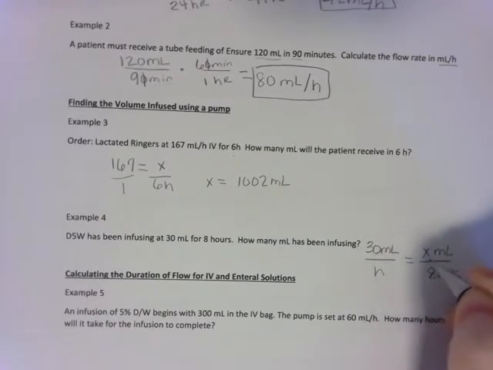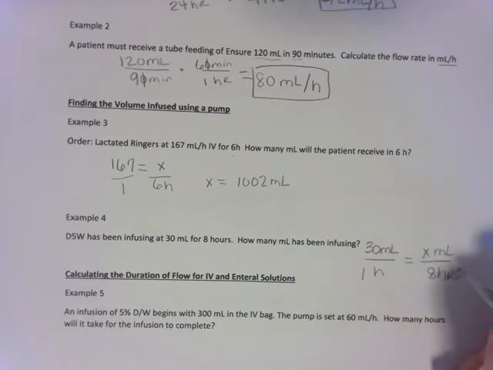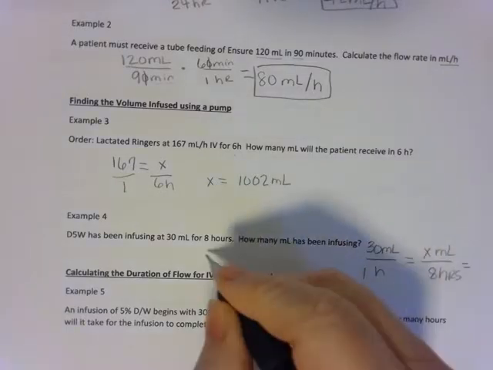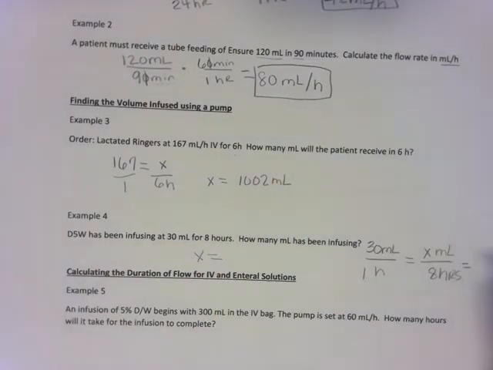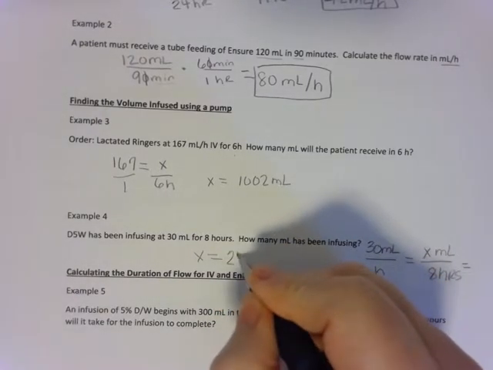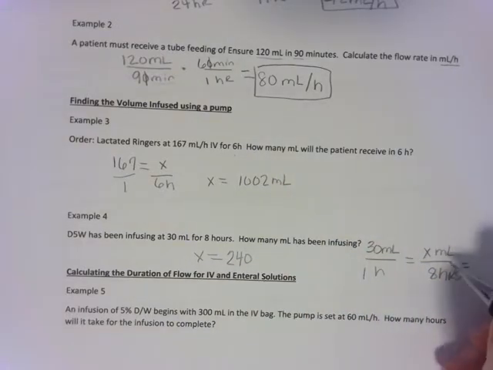I do my cross product, and I get X times 1 equals 8 times 30. And I know my answer is going to be in mLs.